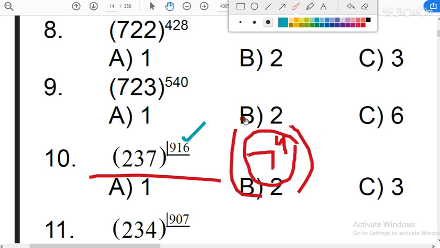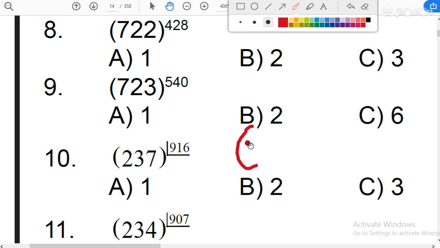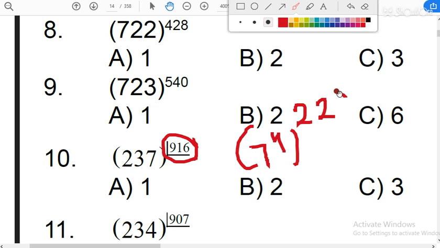Okay, wait. So 7 raised to the power 4 is giving me the odd power 81, and we can easily divide this 916 factorial by 4. So what approach do I have to take? I have to take 7 raised to the power 4. Suppose it is 916 simply. Then 4 2 is 8, 4 9 is 36, so 229 I will write.